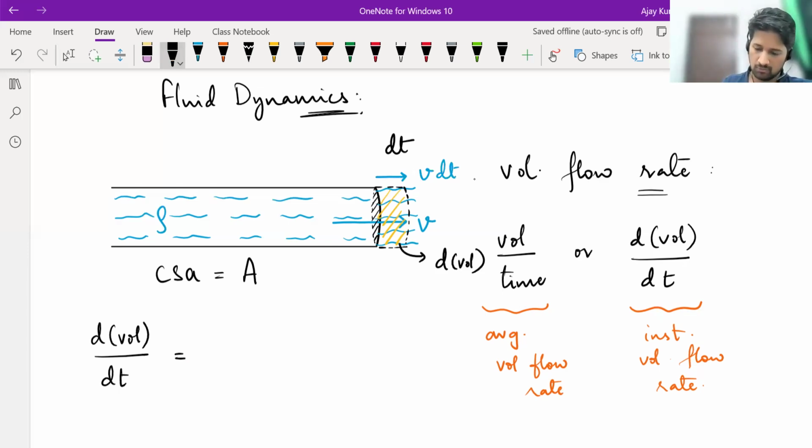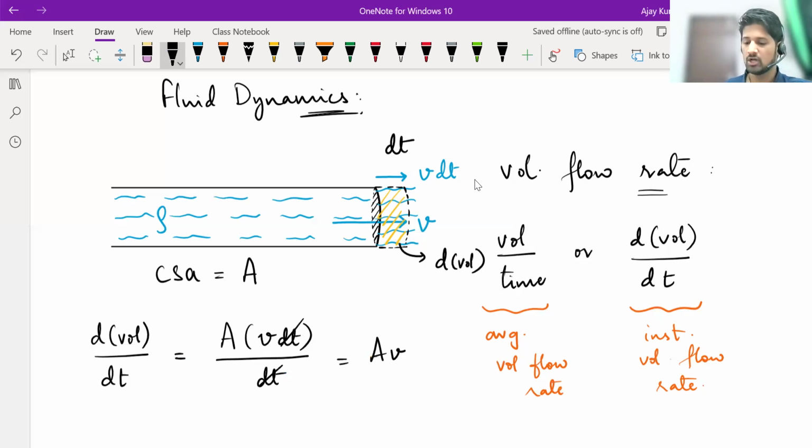Therefore, the small volume that flows out will be A multiplied with v dt. That's the volume which flows through a cross section in a small amount of time dt. Small v stands for speed. Remember that it's not volume. Small v is speed here. This is divided by the time taken for that part of the liquid to flow out, which is dt. Cancel this. Therefore, the rate of flow of volume through that cross section is Av.